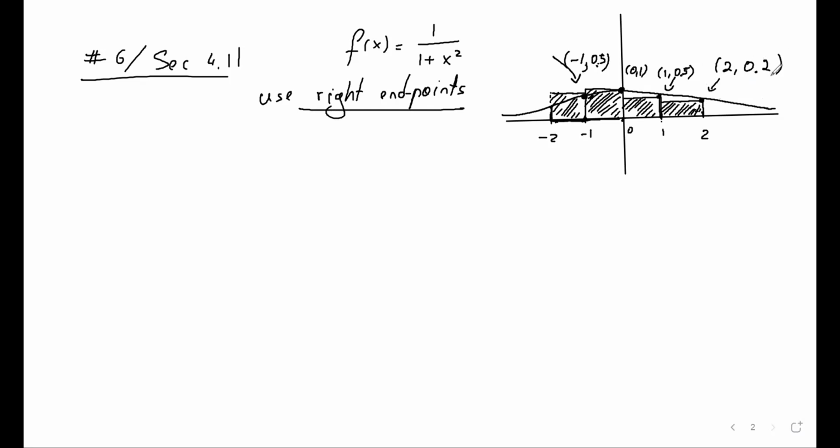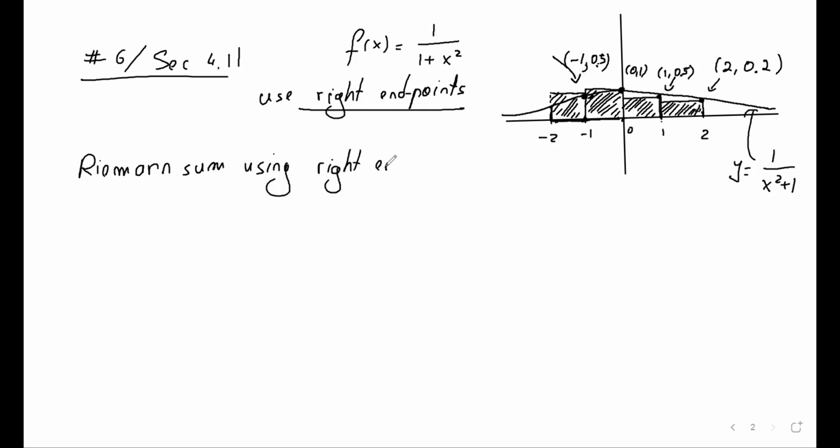Okay, so again, the graph that we're looking at is y equals 1 over x squared plus 1. The Riemann sum using right endpoints is, and I'm going to add up all these things, base times height.